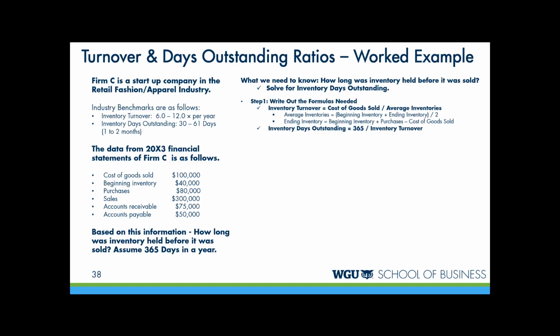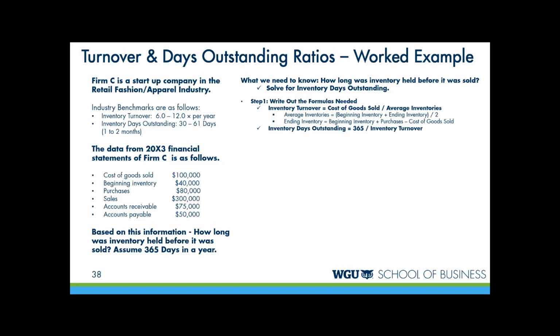So we're going to have to know two things. How long was inventory held before it was sold? So we need to know the turnover ratio, and then we have to know the number of inventory days outstanding. So let's start by writing out the formulas we need. To get the inventory turnover ratio, it's cost of goods sold divided by our average inventory.